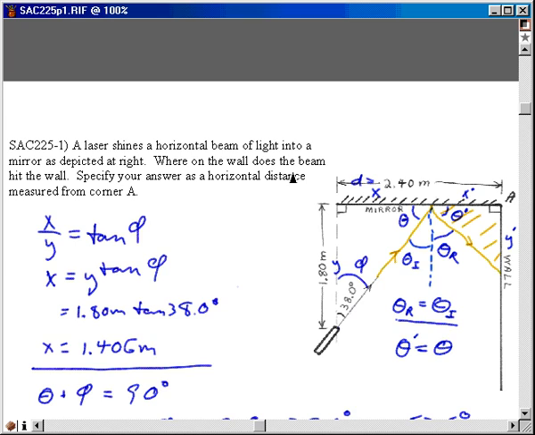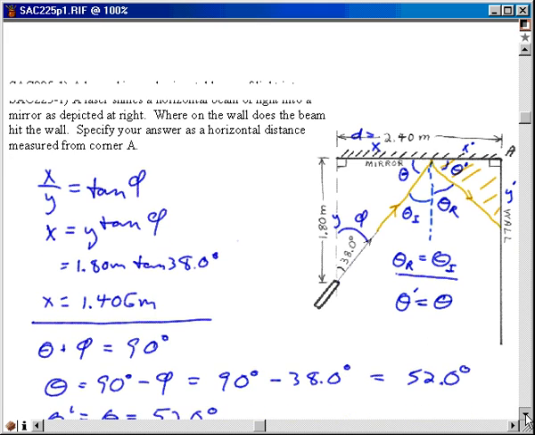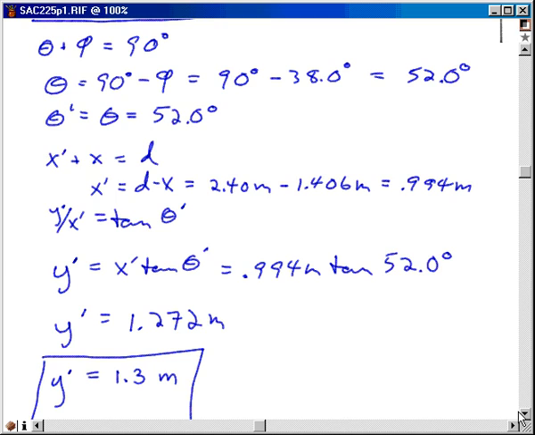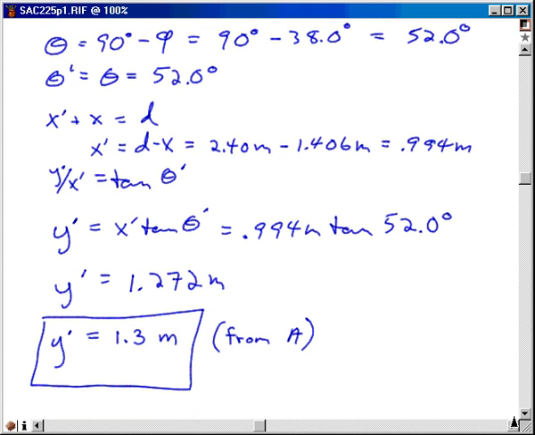Let's make sure that I answer the question: where on the wall does the beam hit the wall? Specify your answer as a horizontal distance measured from corner A. So y prime is indeed that horizontal distance, 1.3 meters from A. And that's the solution for SAC 225, problem number 1.